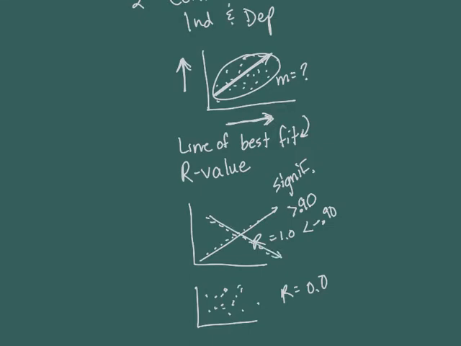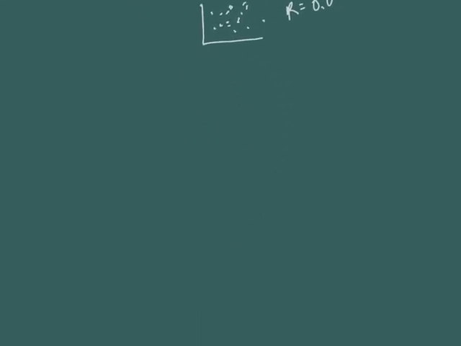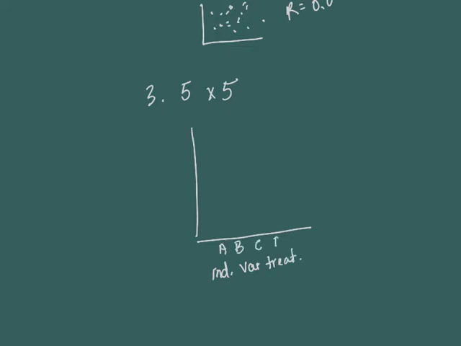And the third type, which is probably what you're the most familiar with, is when you have 5 groups and you do 5 treatments for each group. So in this case, you've got 5 discrete independent variable treatment levels, A, B, C, D, and E. And you've got a continuous Y variable, that's your dependent.